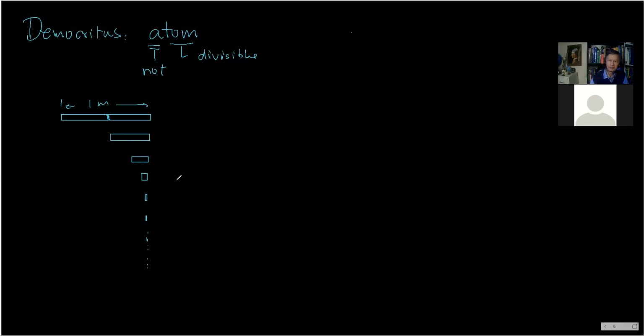If you notice the size, this is 1, then the half, then the quarter, then the eighth, then the 1/16, and 1/32. So how many times did we cut it?